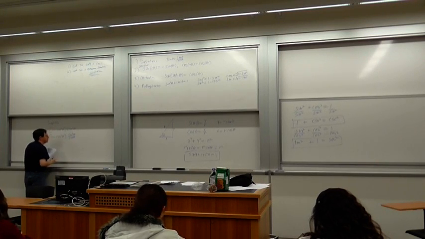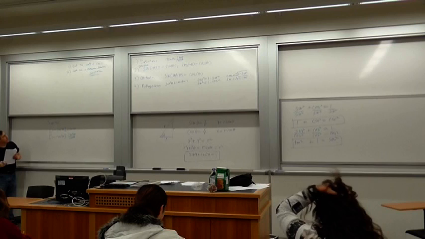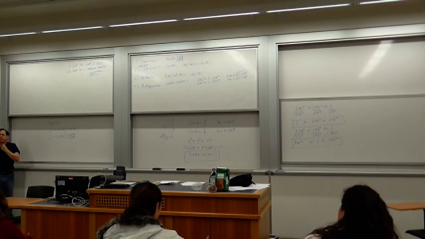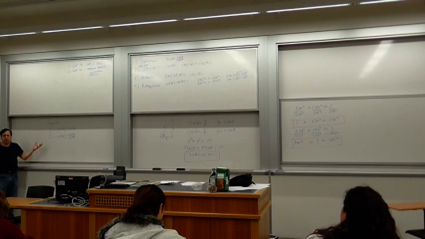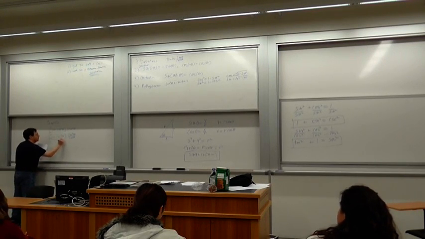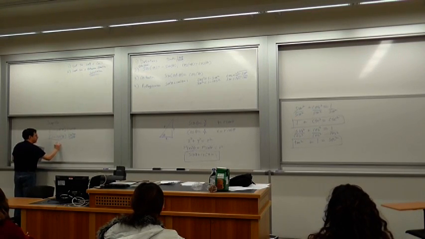Now I want to look for a Pythagorean identity. Does anyone see the Pythagorean identity I can substitute here? Yeah, 1 minus cosine squared. That's just sine squared.